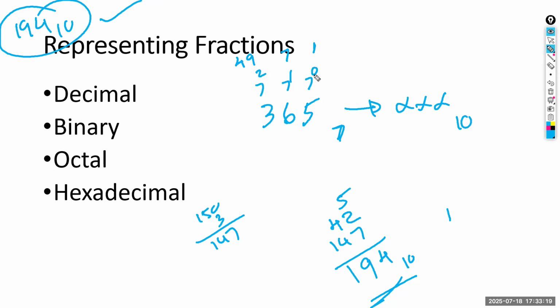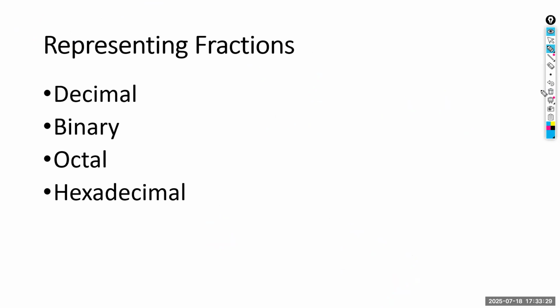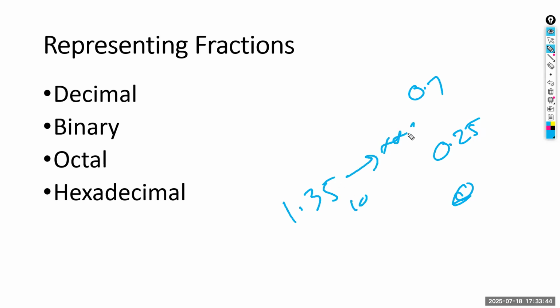So far, what we have discussed is how to represent whole numbers, or integers, in different bases. But remember, when it comes to real numbers, we have fraction parts also, like 0.7, like 0.25, or maybe 1.35. So how do you convert these to base 2 or whatever the base?